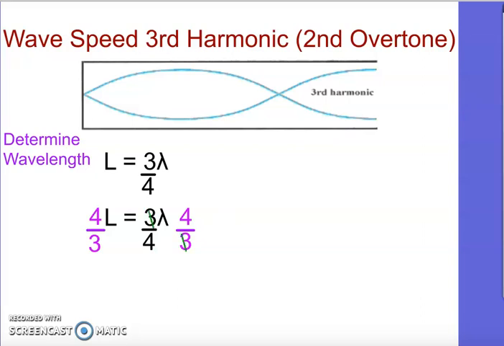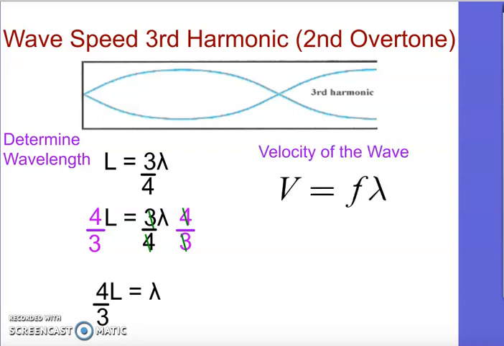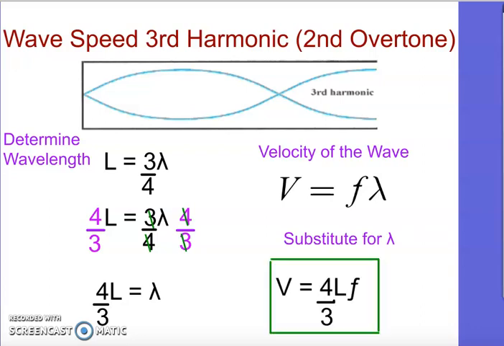My 3's cancel, my 4's cancel, and I'm left with the wavelength would be 4/3 the length of the tube that you see here. Same as before, I'm going to take my velocity of a wave equation, substitute for lambda, and the result is the velocity is going to equal 4/3 times the length of the tube times the frequency.